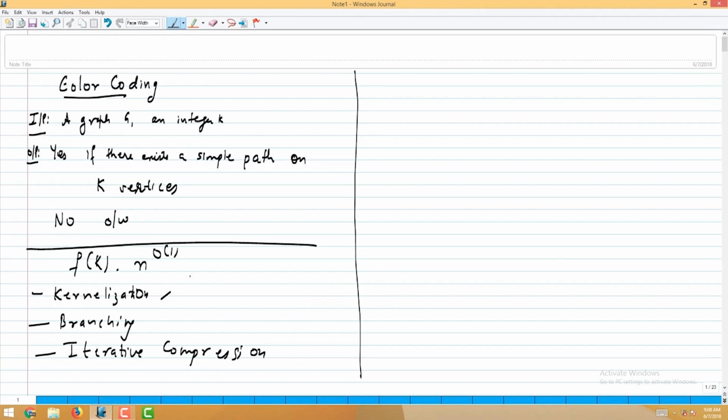Let's say branching. Can we do branching to solve this problem? That's not a right question. Can we or can we not? Do you see a natural branching algorithm to solve this problem? Like usually the kind of branching that we have seen so far, what was the idea behind it? We were trying to find a set of vertices whose deletion makes the graph look like something. And to do branching, we were always trying to find a structure in the graph from where we knew that the solution has to pick at least one of the vertices from that structure.